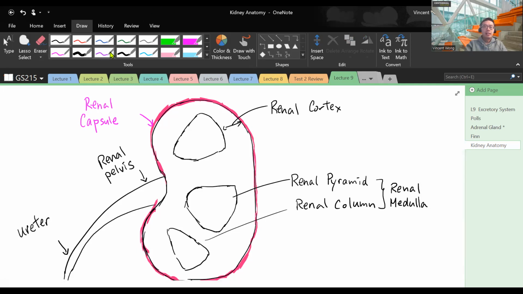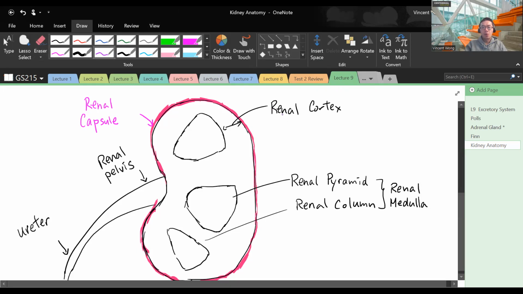Now, functionally speaking, the renal cortex has to be less salty, lower osmolarity, whereas the renal medulla is going to have higher osmolarity. It has to be saltier, like literally saltier, with more sodium chloride.